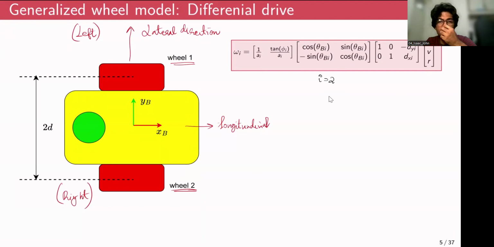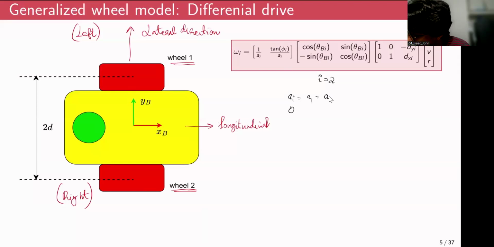So we'll consider the wheels one by one. For the first wheel, what are these parameters? Ai, or A1, is nothing but the wheel radius. We'll consider the wheel radius to be constant, obviously, because for a differential wheel robot the wheel radius is constant for all the wheels. So Ai, or A1, is A, the wheel radius, whatever be the case.